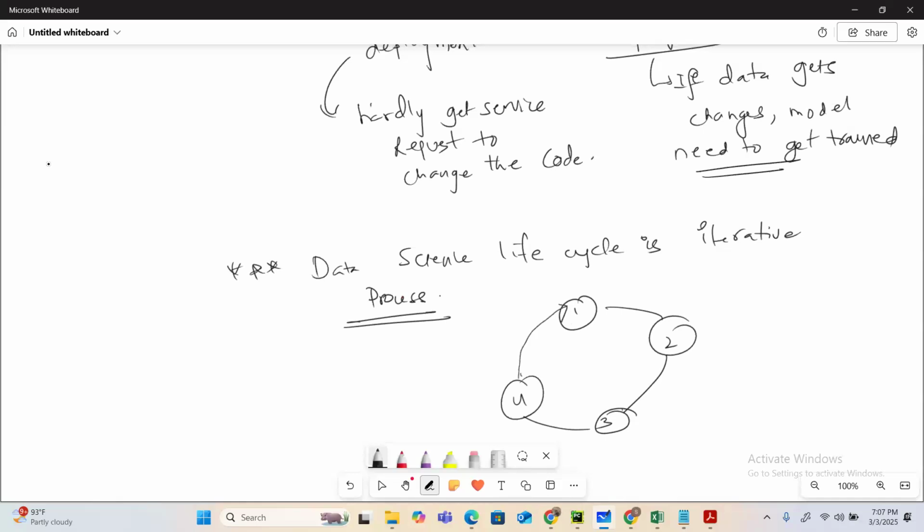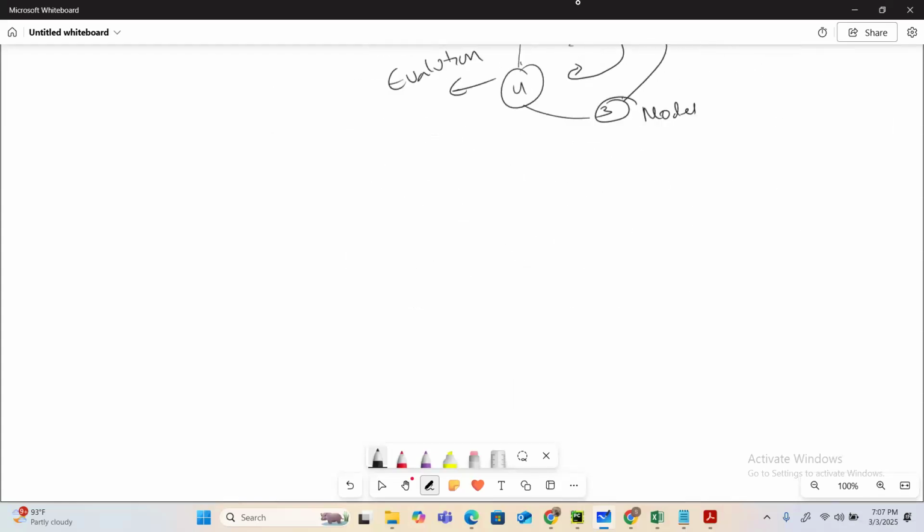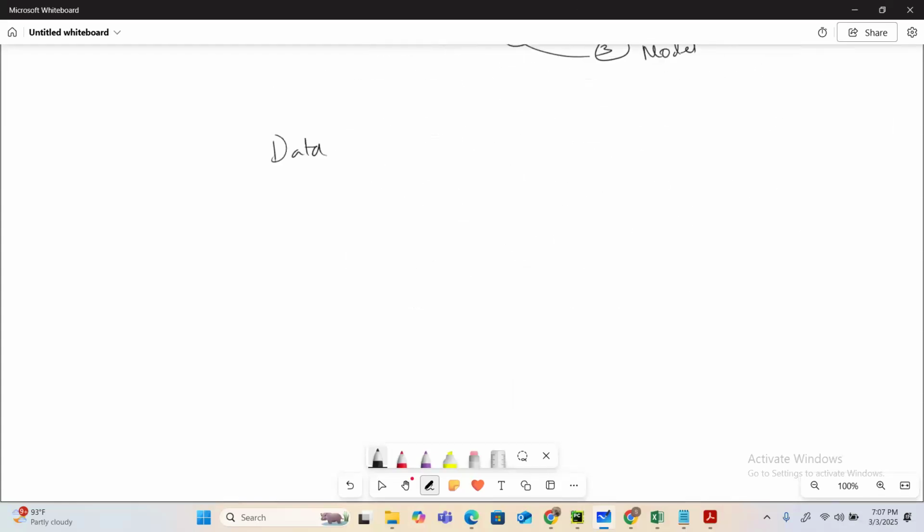If not, again collect the data, then pre-process it, model selection, model evaluation. It is an iterative process. Data science is an iterative process.